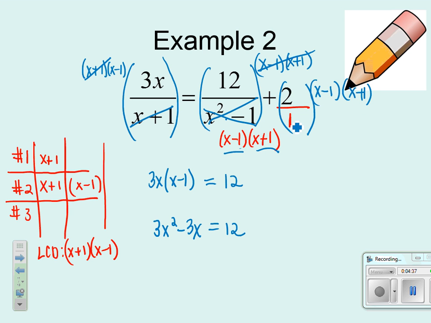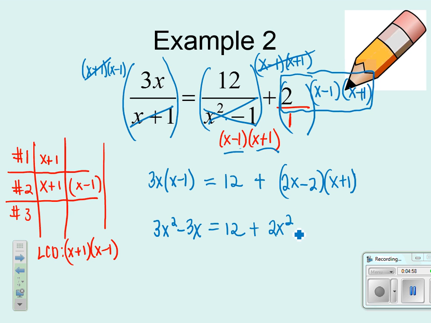X minus 1, x plus 1, canceling with a 1? No. So I need to distribute all of this. So that would be 2 times x, which would be 2x, 2 times negative 1, which would be negative 2, and then I have to multiply that by x plus 1. Okay, double distribute. I get 2x squared plus 2x minus 2x minus 2.